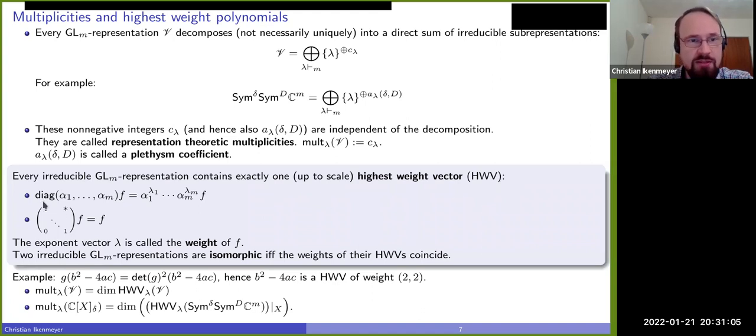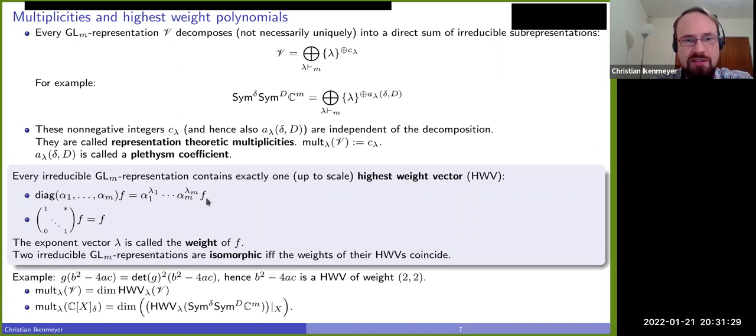And what's the highest weight vector? It's a vector f where, if you apply a diagonal matrix to it, you have the action of GL_m, right? So this is a diagonal matrix in GL_m, you apply it, then your vector rescales by alpha_1 to the lambda_1, alpha_2 to the lambda_2, ..., alpha_m to the lambda_m.